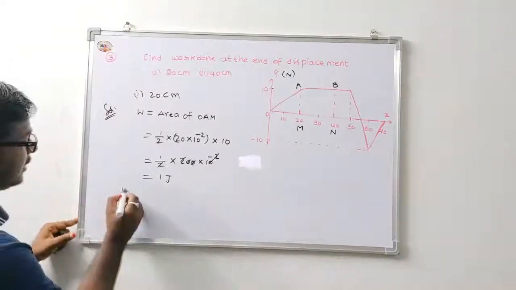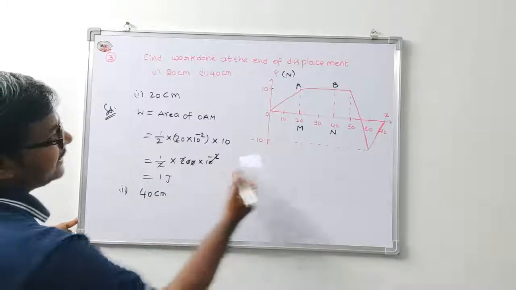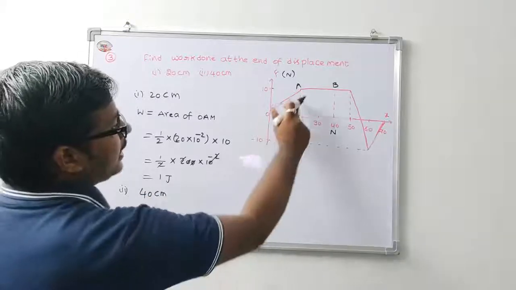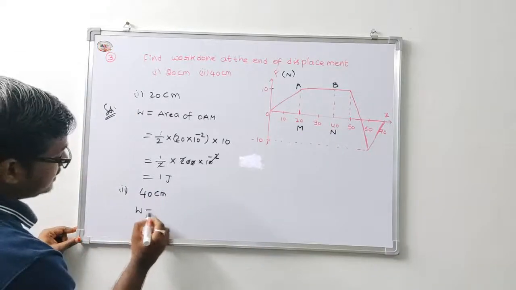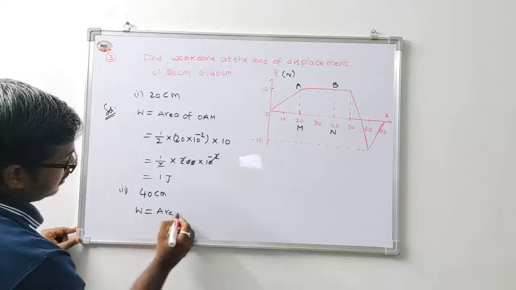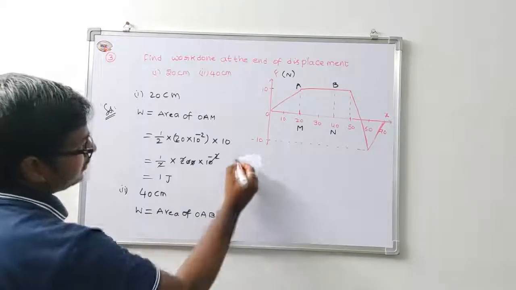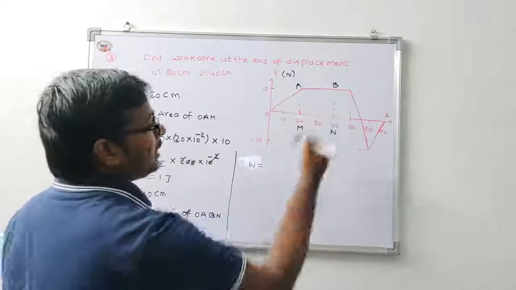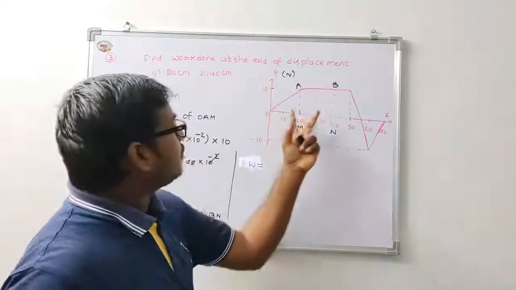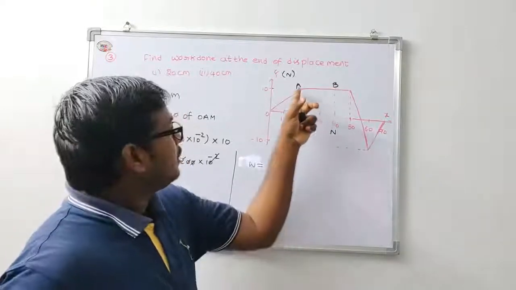Next, at the end of 40 centimeter, students, OABN. The work done is equal to the area of OABN. So there are two bodies, students. First, OAM, one body.